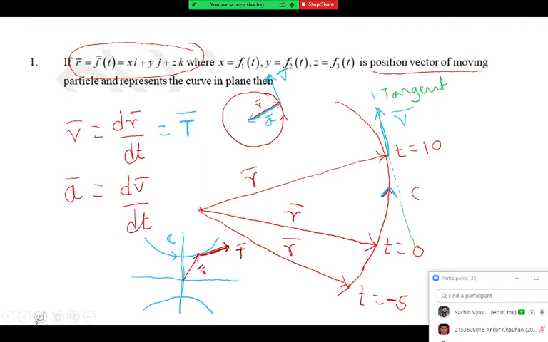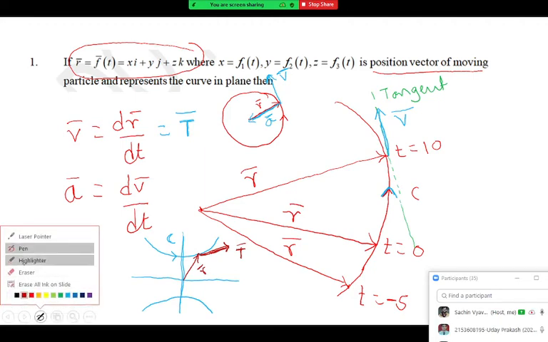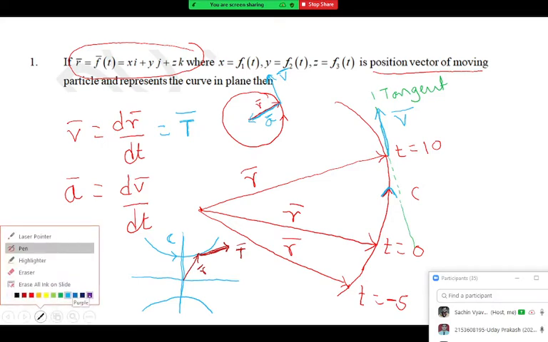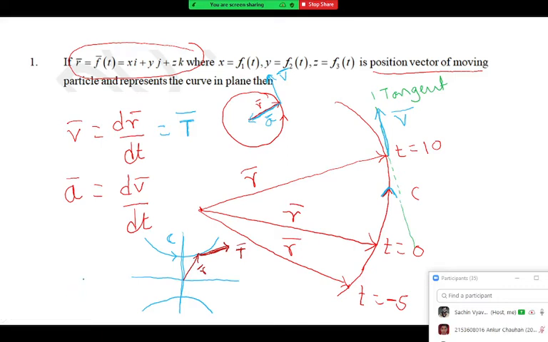Can anyone guess for a hyperbolic path? The normal to that point? No, it's not a normal. It is not necessarily normal. Acceleration is along r bar only, but it has this direction. So the acceleration is away from the origin at each point.